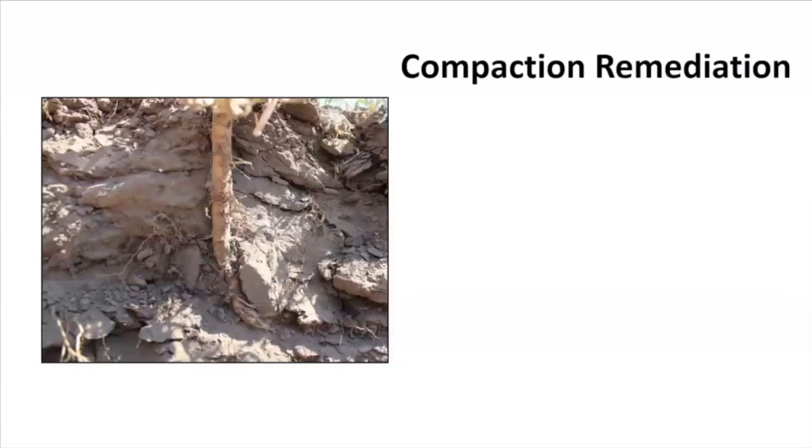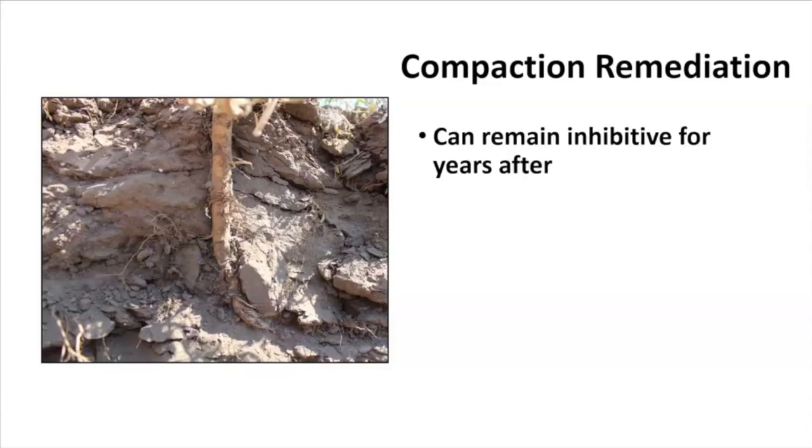So in terms of compaction remediation, the picture we have right here is of an alfalfa root. You can see that it met a compacted layer and it just started growing sideways. Compaction can remain inhibited for years, and it's very variable.